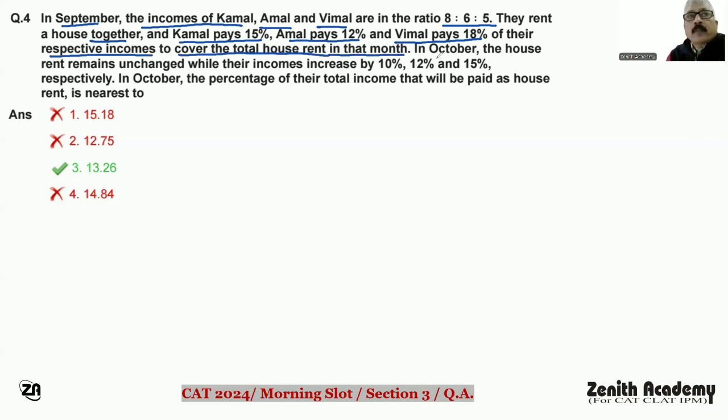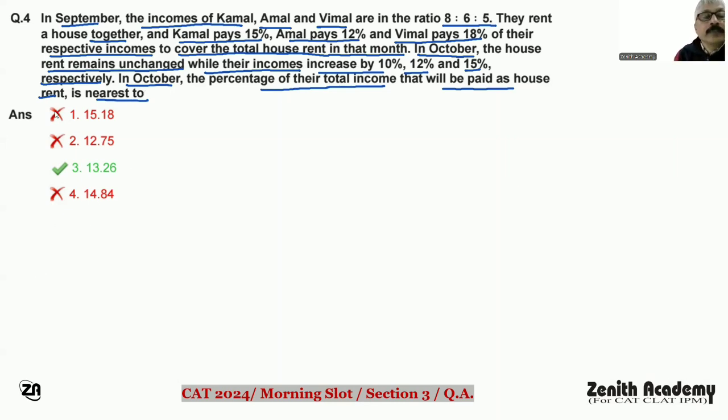Okay. In October, the house rent remains unchanged while their incomes increase by 10%, 12%, and 15% respectively. So in October, the percentage of their total income that will be paid as house rent is nearest. Okay.